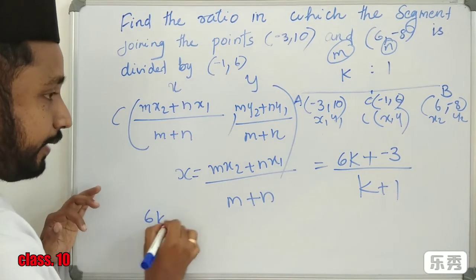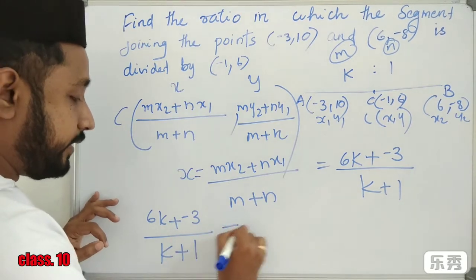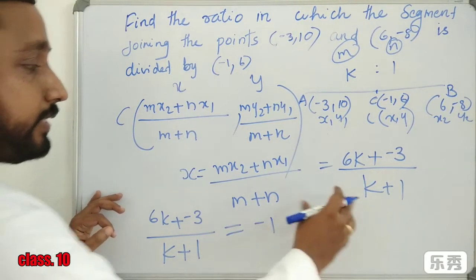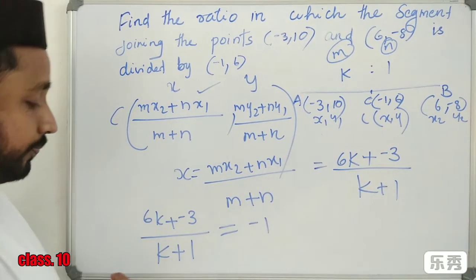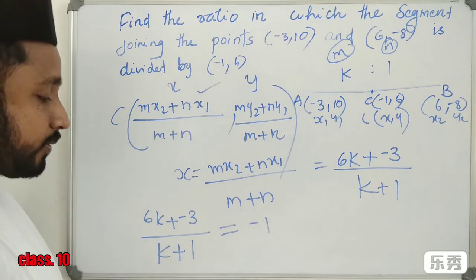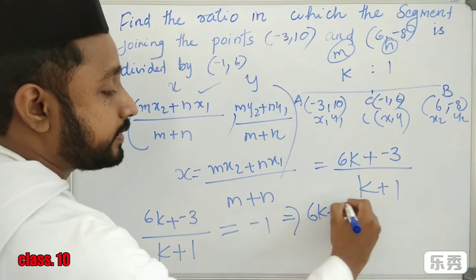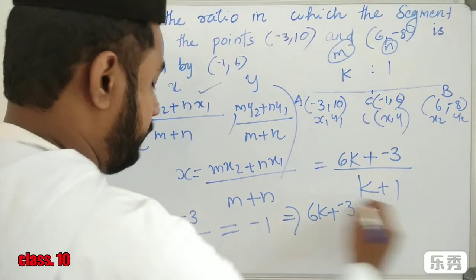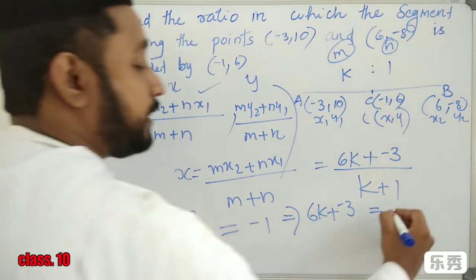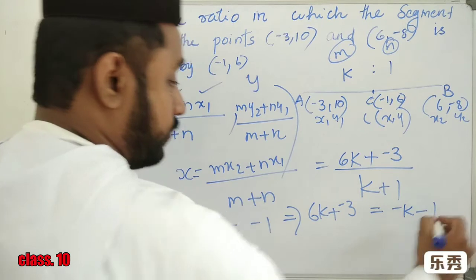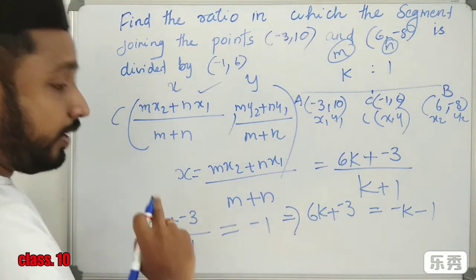So (6k plus minus 3) by (k plus 1) is equal to minus 1. That is x. So here x is minus 1, which implies 6k plus minus 3 is equal to, by cross multiplication, minus 1 into (k plus 1), that is minus k minus 1. So minus k, minus 1 into k, minus 1 into 1, minus 1.